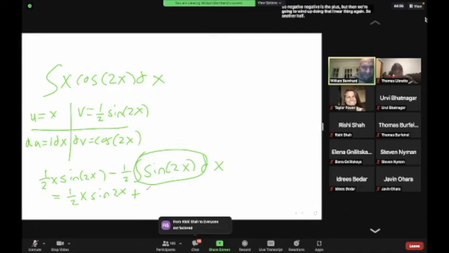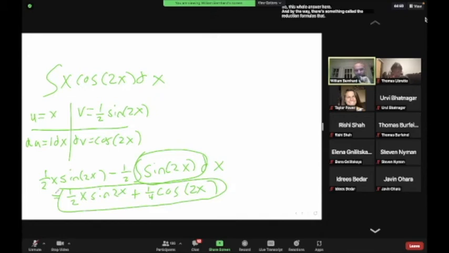So another half comes on the outside for 1/4, and then we wind up having 1/4 of cosine 2x. By the way, there's something called the reduction formulas that's another way of doing problems with trigonometry in this topic.